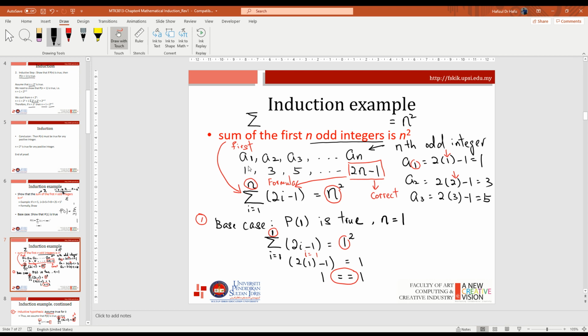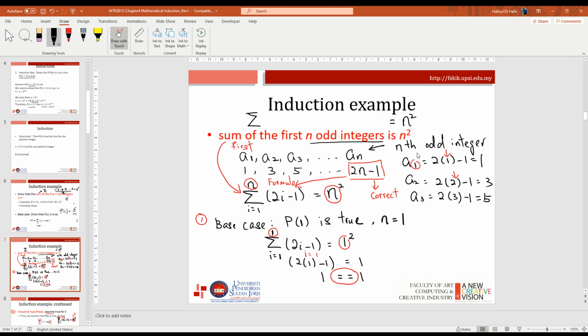Okay, we have first a1, a2, a3, and an. So for a1 we have 1, we have 3, we have 5, and so on. And then for the formula, we have the sum of (2i minus 1) is equivalent to n^2.